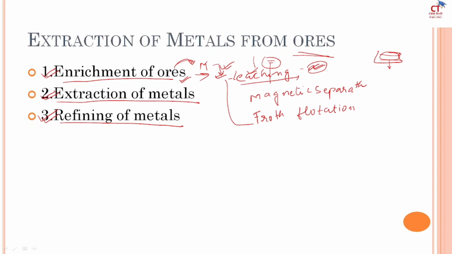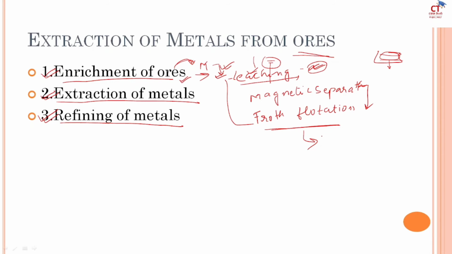Okay. Second is the magnetic separation. As the name suggests, it is the use of magnets. And the third one is froth flotation, that is separation of hydrophobic and hydrophilic materials. Hydrophobic means materials that fear water, and hydrophilic means materials that love water.